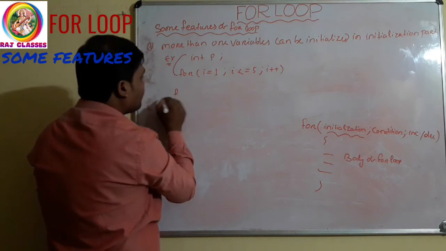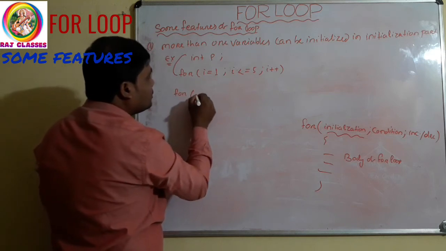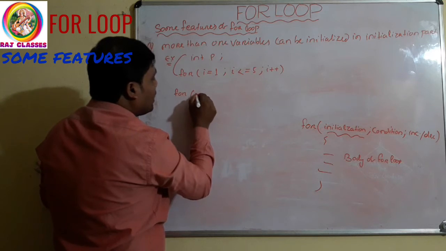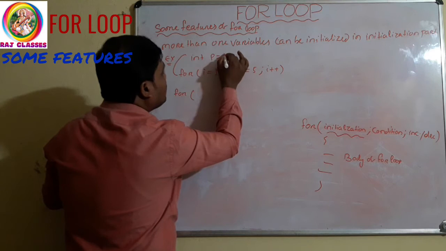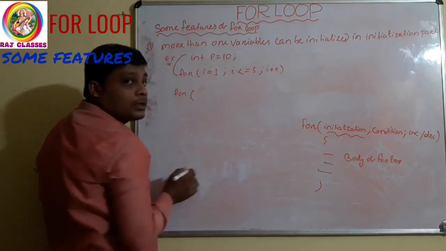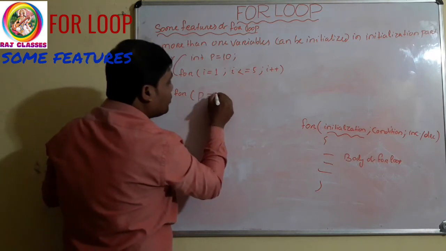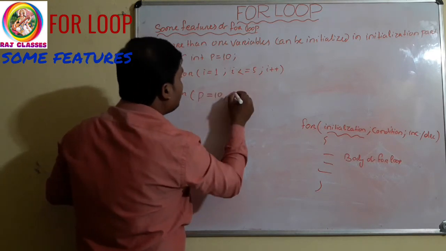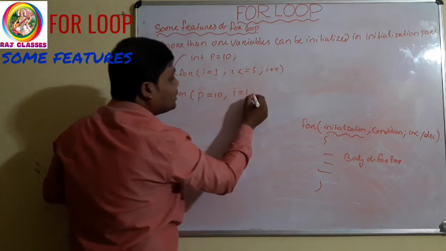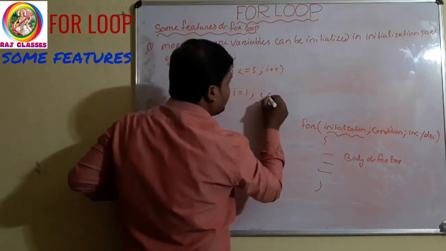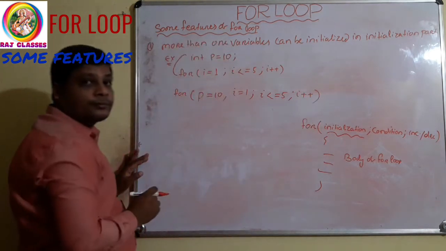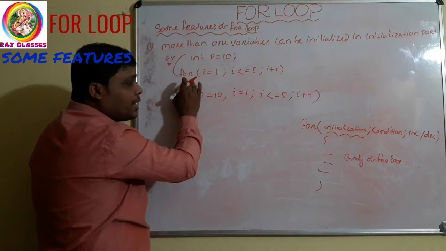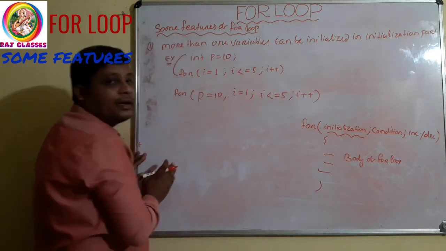Just see, for p equal to 10, comma, i equal to 1, then semicolon, i less than equal to 5, then i plus plus.